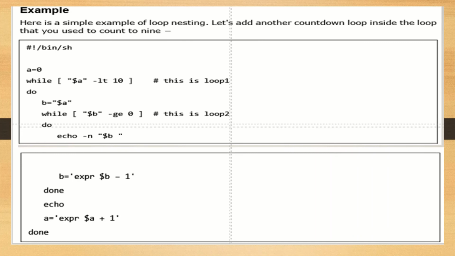Once the outer condition becomes false and the inner condition also becomes false, then only it comes out of both loops. Until that, it repeatedly executes the inner loop first, then the outer loop. But here you want to print a particular pattern: 0 1 0 2 1 0 3 2 1 0, like that finally it prints 9 8 7 6 5 4 3 2 1 0.